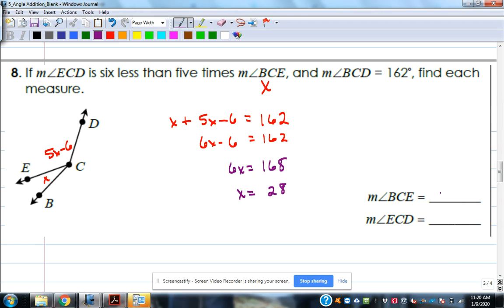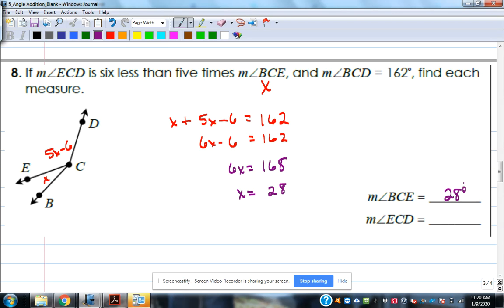So x is 28, but that's also the measure of angle what? BCE. That's what we called x. So there's the 28 degrees goes there.